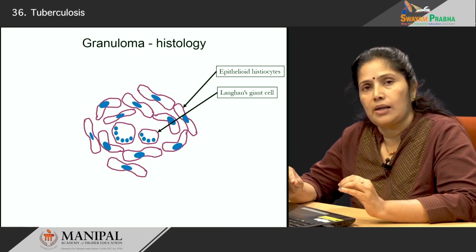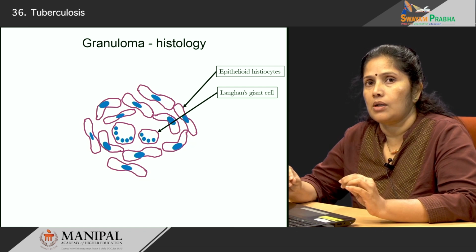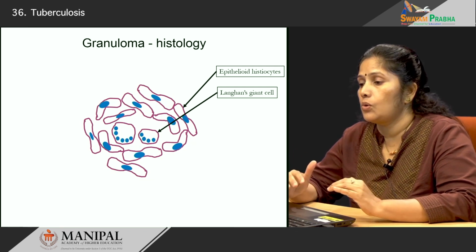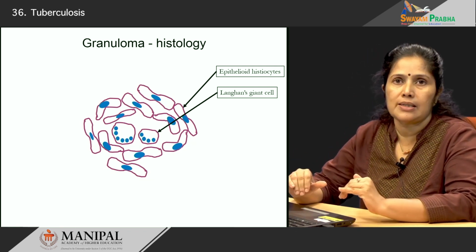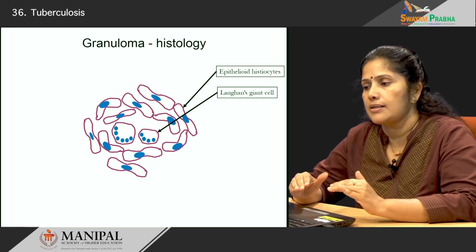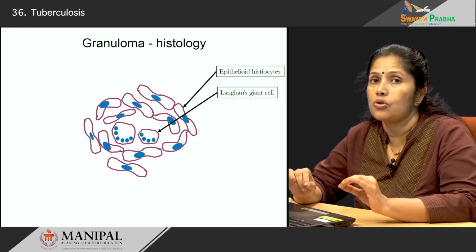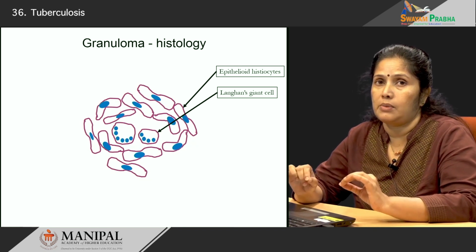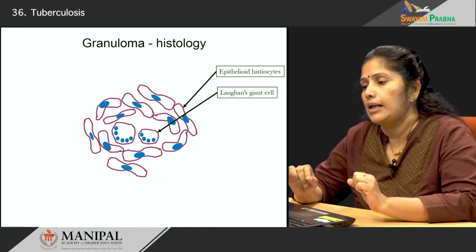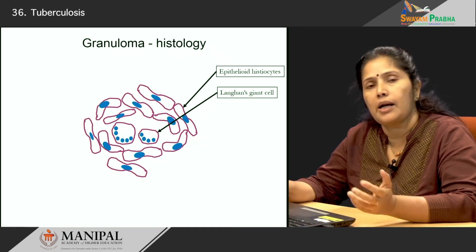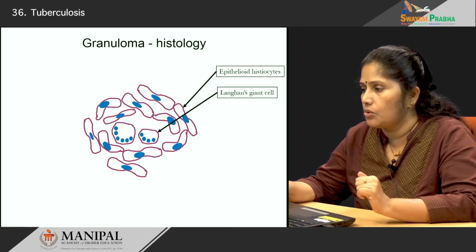That is the speciality of Langerhans giant cells compared to other giant cells, where the nuclei are very haphazardly placed. In a Langerhans giant cell, it is arranged at the periphery, and we call it a typical horseshoe shaped arrangement. So, that is a special kind of giant cell that you see in tuberculosis.